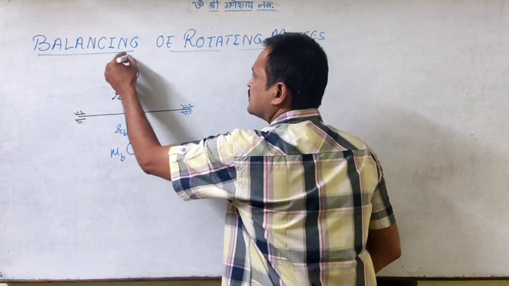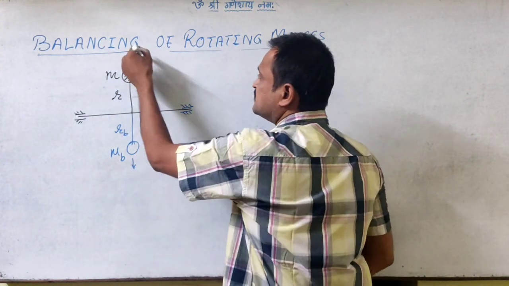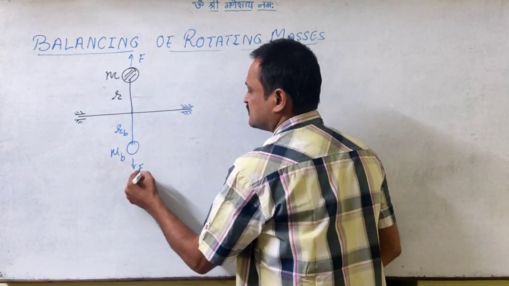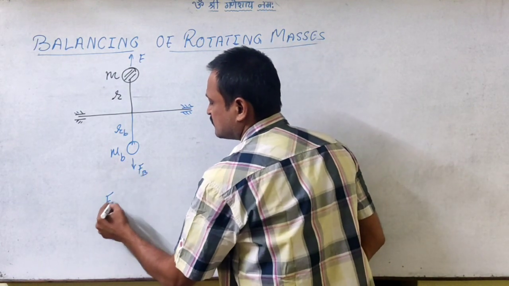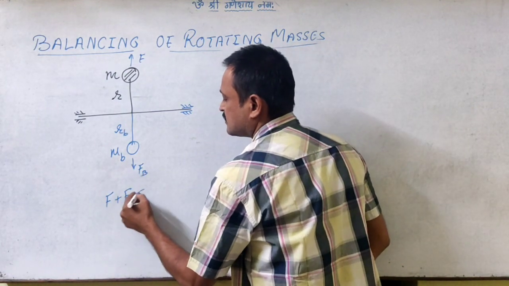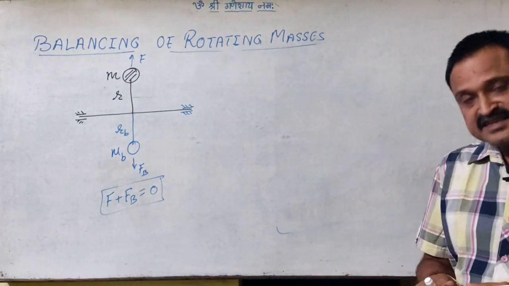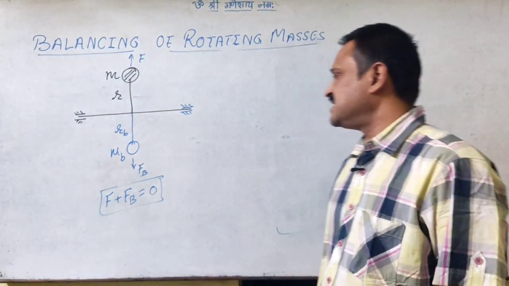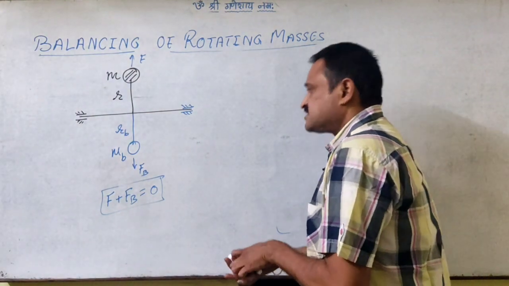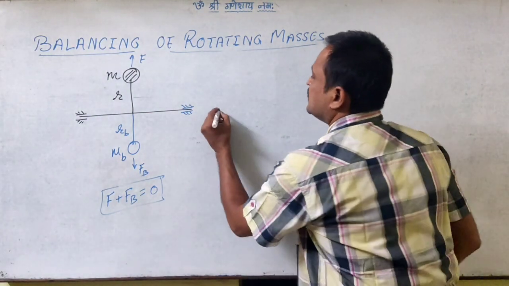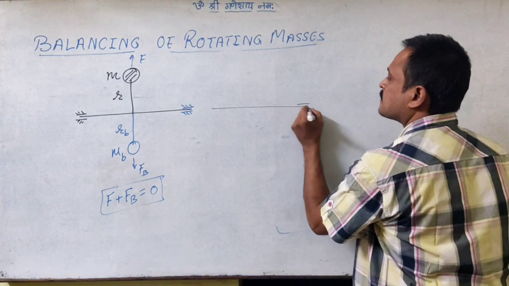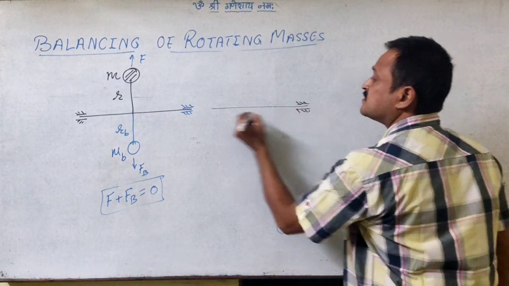Now, what I want is the summation of these forces to be 0. When this is 0, we are saying that the system is balanced. Now let us say in the same case I have another option.